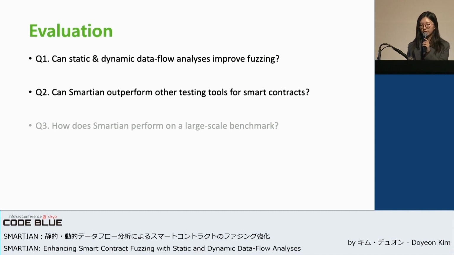So now I will present the evaluation result of Smartian. In this talk, I will cover two evaluation questions. For the remaining evaluation questions, please refer to my paper. First, we studied whether our static and dynamic analysis indeed improve the effectiveness of fuzzing. And second, we studied whether Smartian can outperform other testing tools.